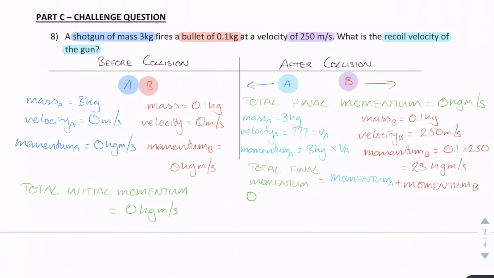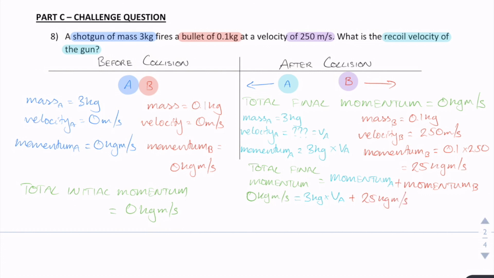So 0 kilogram meters per second is equal to the momentum of A, which is from above 3 kilograms times VA, and the momentum of B is equal to 25 kilogram meters per second.